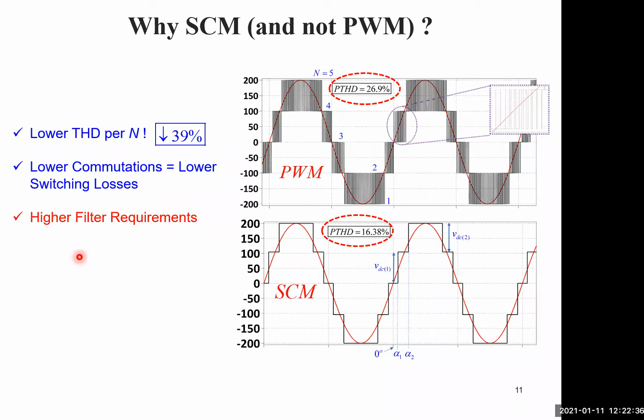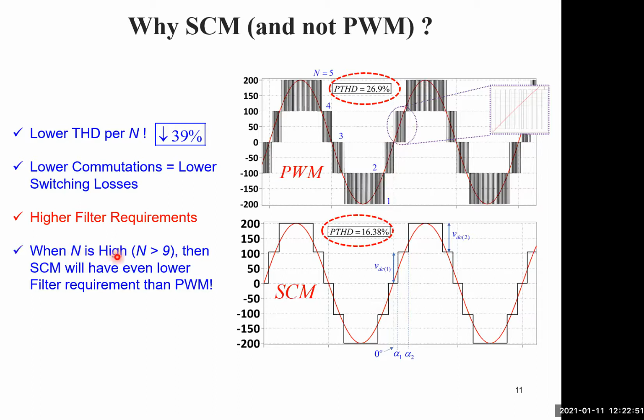This is some sort of limitation: you need higher filter requirements for SCM, because you all know it is more difficult to filter out lower harmonic content than to filter out high harmonic content. However, when the number of levels is very high, say above 9 levels, then SCM will actually have an even lower filtering requirement than PWM. This was proven by Middlebrook and other previous researchers.